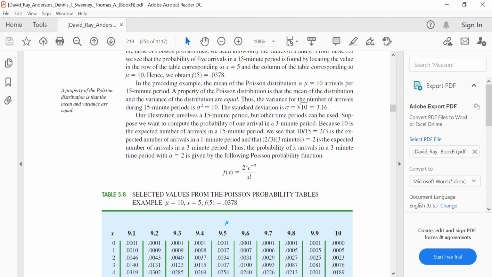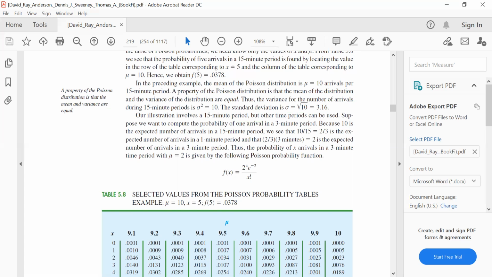So one of the very important properties of the Poisson distribution is that its mean and variance are equal. For example, in the preceding example, the mean of the Poisson distribution is 10 arrivals per 15-minute period.